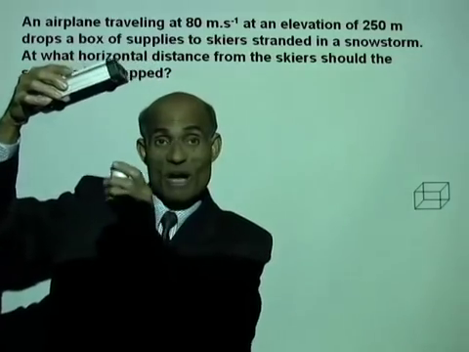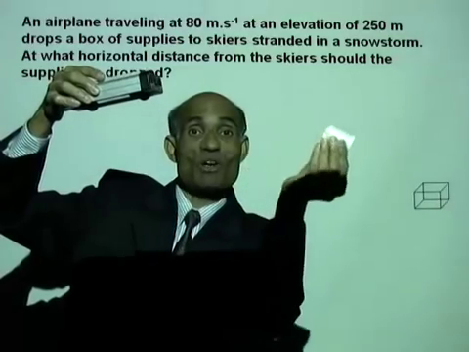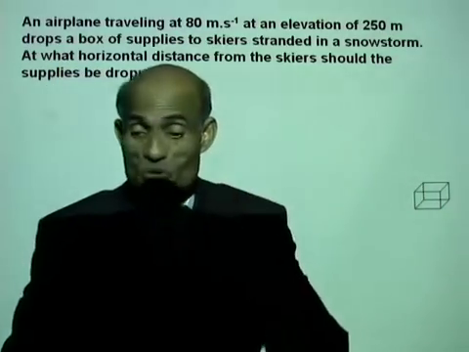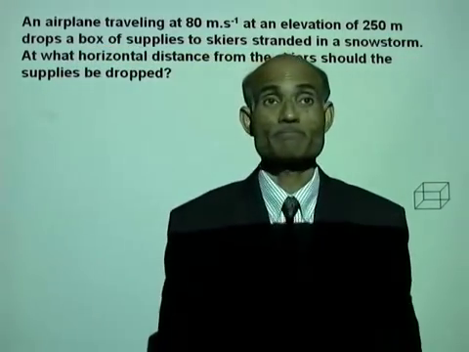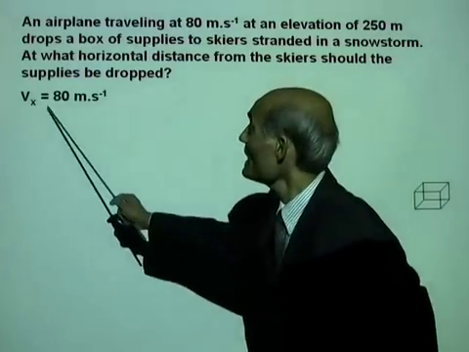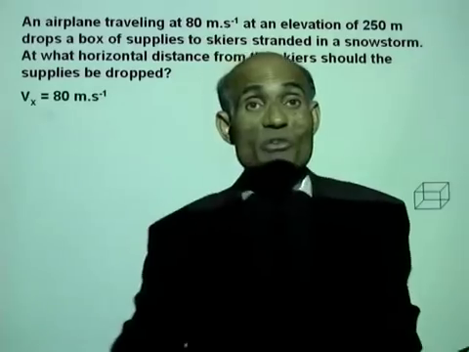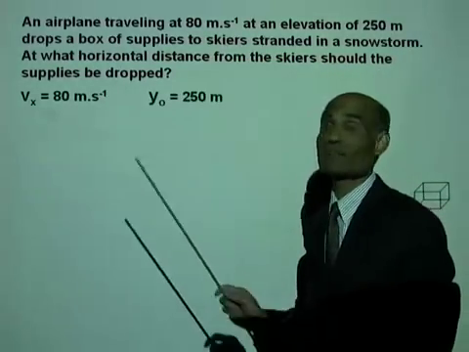So he's got to figure out how much will be the horizontal distance this box will travel. So our aim is to find the horizontal distance traveled by that box. Okay? All right. Vx initial, the horizontal velocity of projection, is 80 meter per second.